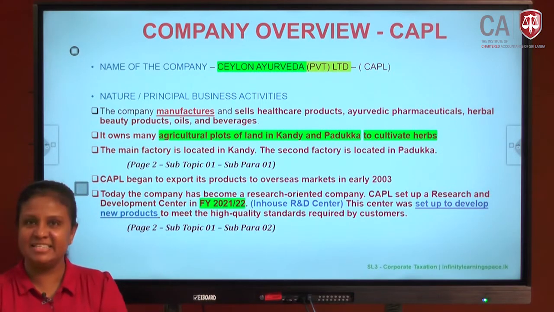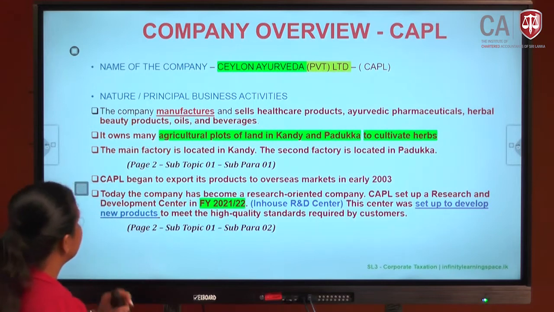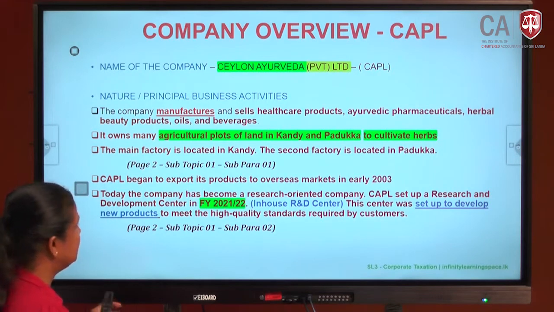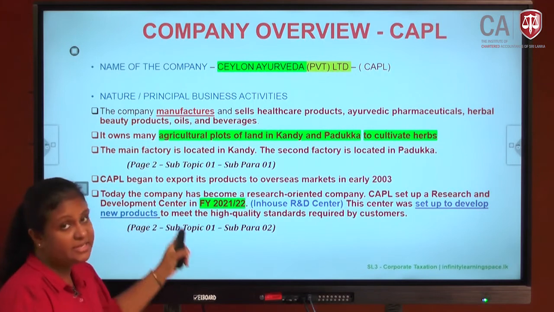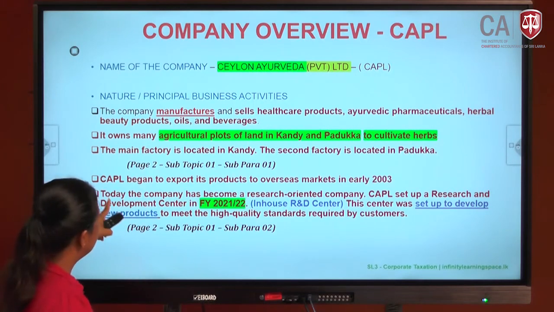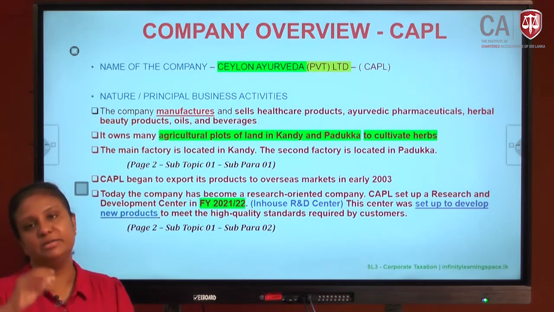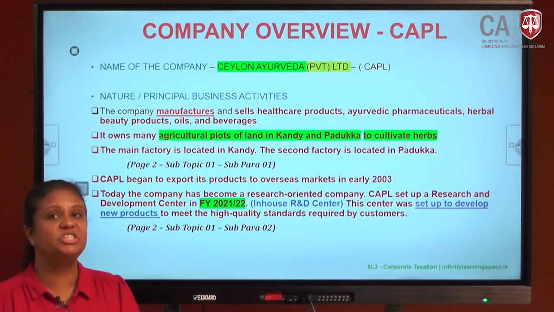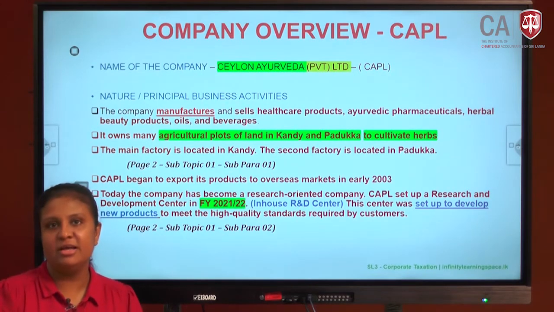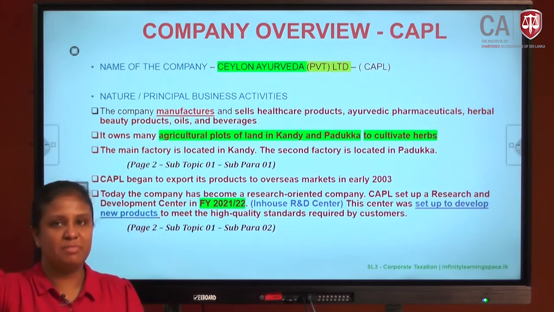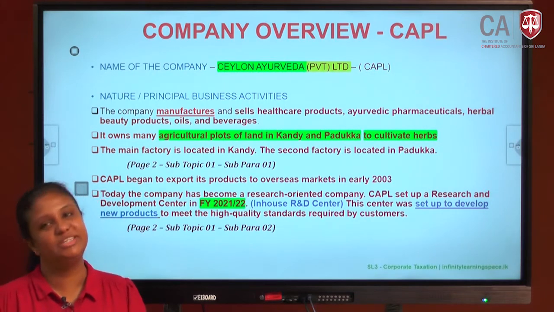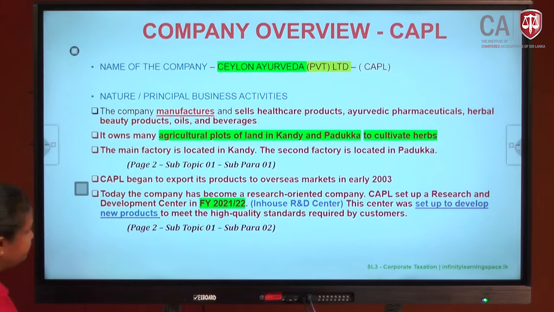In the unseen, the relevant details are provided. Other than this, they are exporting these manufactured herbs. So: agro-farming, manufacturing, and exporting.